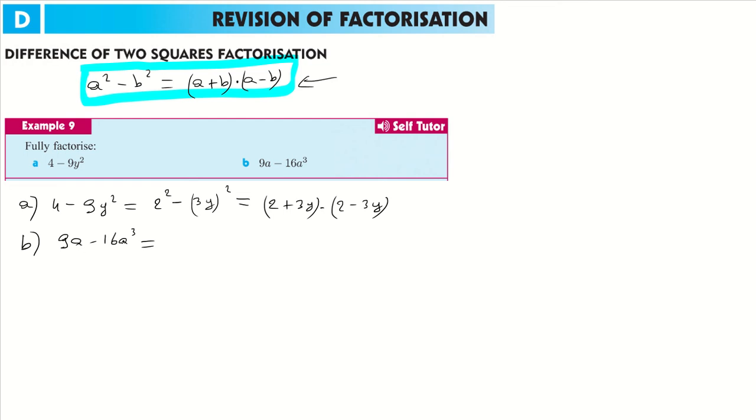See, I have an a here and a to the power of 3. So I take the a out. If I take the a out, then 9 is left here, and here 16a squared is left.